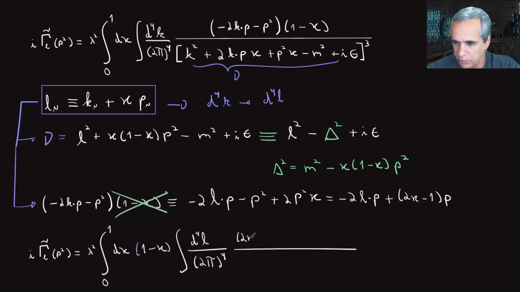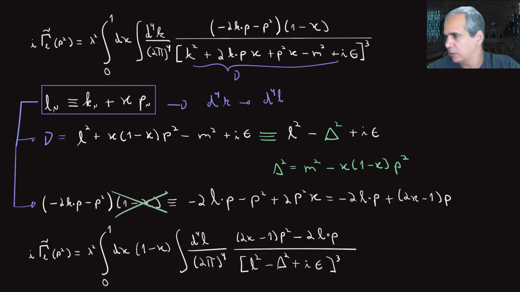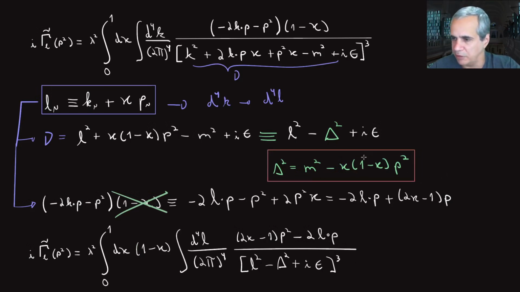So it's (2x minus 1) p square minus 2L scalar P. And the denominator got really simple. It's just this guy here. And we have to remember the definition of this delta square that I defined up here. So keep that in mind, we'll use it when needed. Eventually we'll have to integrate in x, and then I have to come back to this. But as far as the integration in L is concerned, this is just a constant. So that is good.